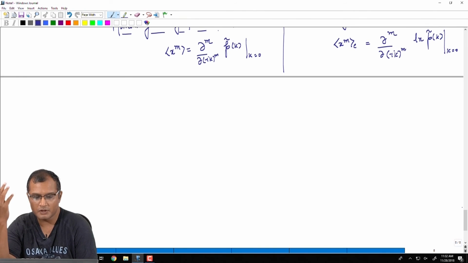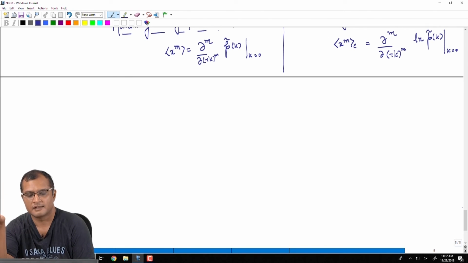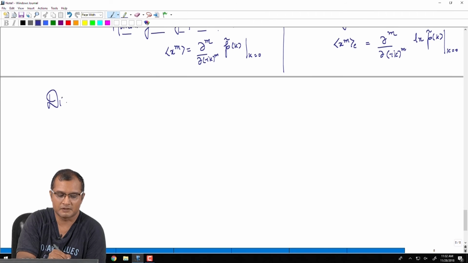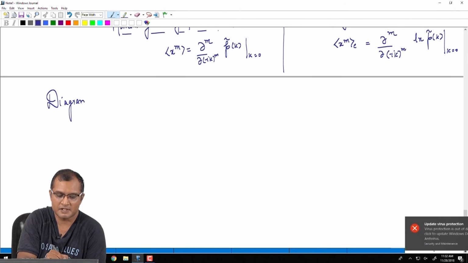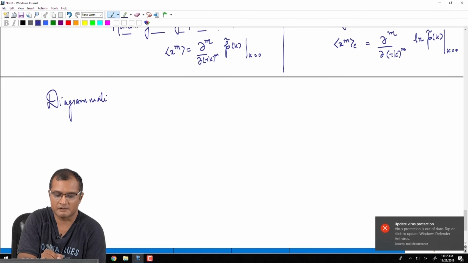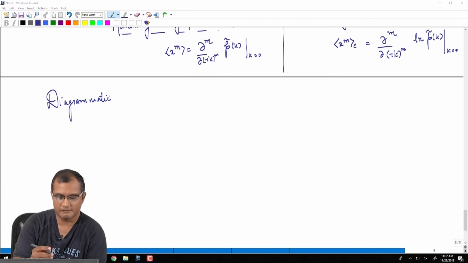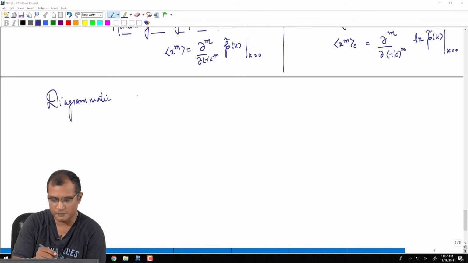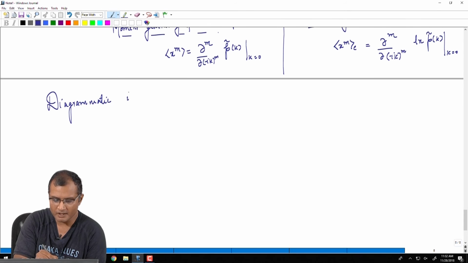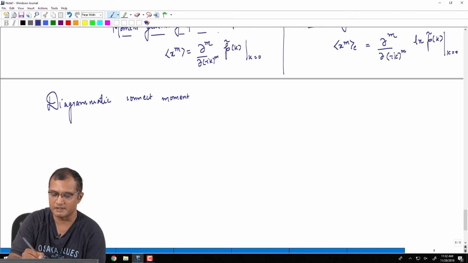It is important to see that there is a very beautiful diagrammatic way of remembering the connection between moments and cumulants. Just because this method is very eye pleasing and easy to remember, I will give you this exposition of how to diagrammatically connect moments and cumulants without going into too much derivation.